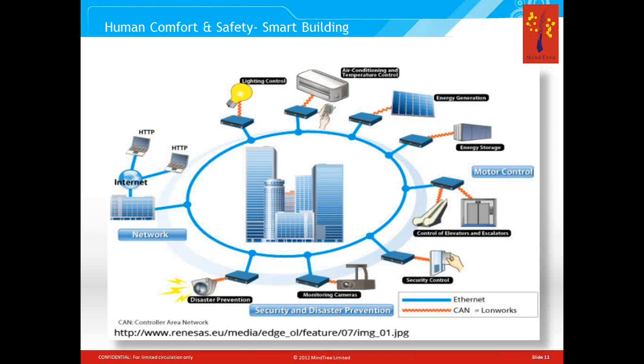So that is the advantage of this. It's already happening, and you will start seeing more and more such smart systems inside buildings. The advantage is human comfort, human safety, but also energy conservation. So when all these things work together, you can save energy and cost.